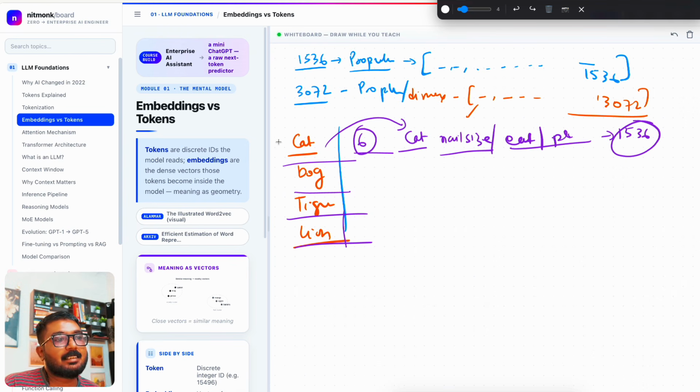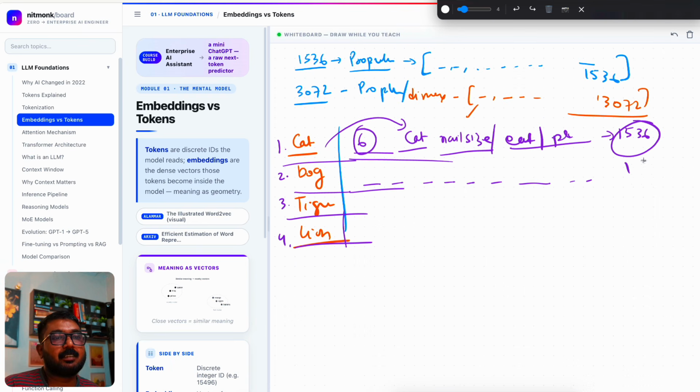So now let's imagine there is animal 1, animal 2, animal 3, animal 4. Imagine there are only 4 words in the whole universe: cat, dog, tiger, and lion. And there are 1536 properties of all of them, like 1, 2, 3, 4, 5 till 1536, correct?